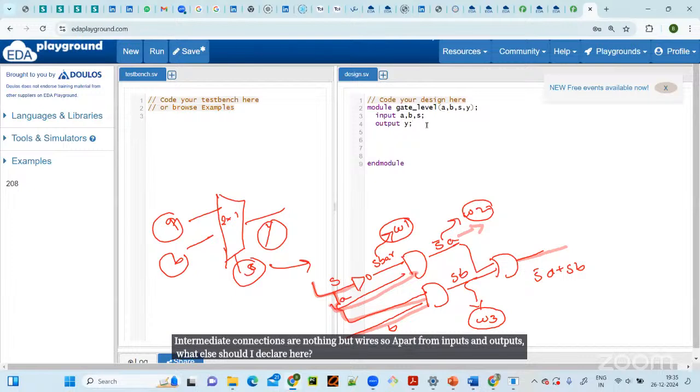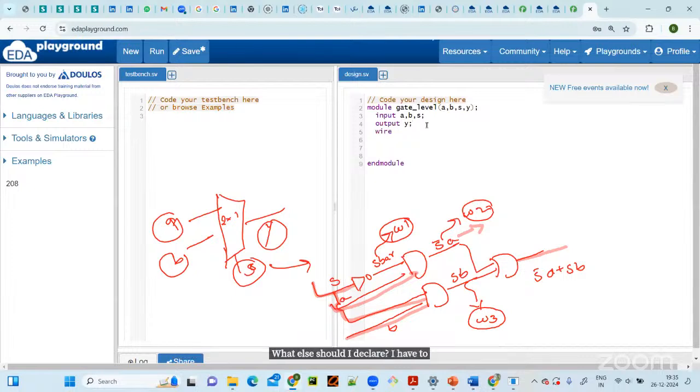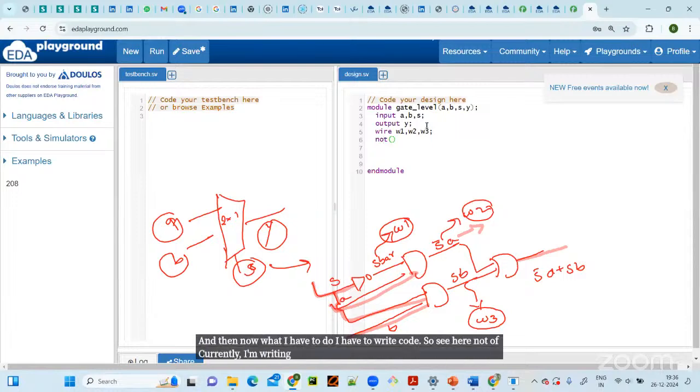I have to declare wires. I need 3 wires like W1, W2, W3. You can have your own name for your wire. And now what do I have to do? I have to write code. Currently I'm writing code for the not gate: not of W1 comma S. That's it. It means that W1 will be equal to S bar.